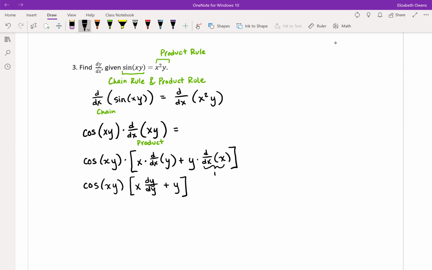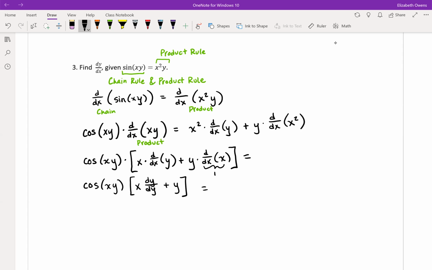Cool. Now let's go back up and pick up the right-hand side of this equation. It's going to be a product rule over here as well, just like we just did. So we'll have our first function times the derivative of the second plus our second function times the derivative of the first.